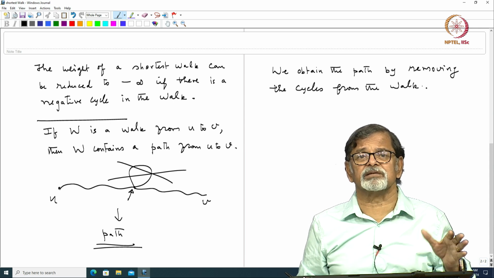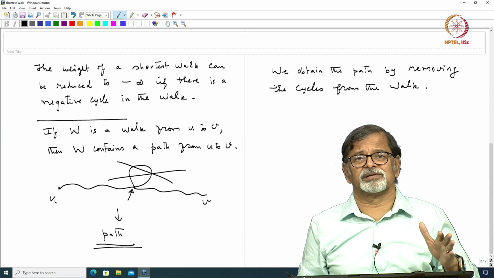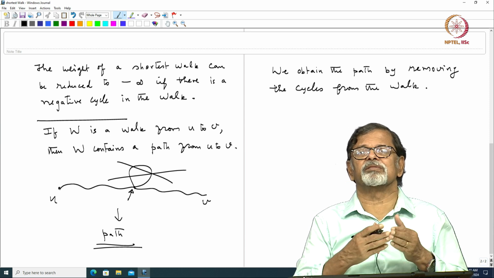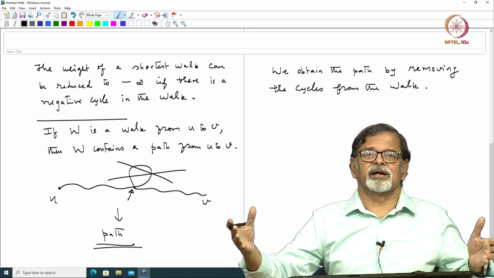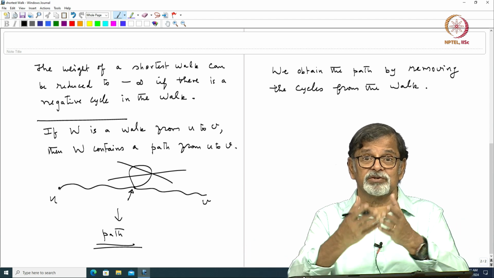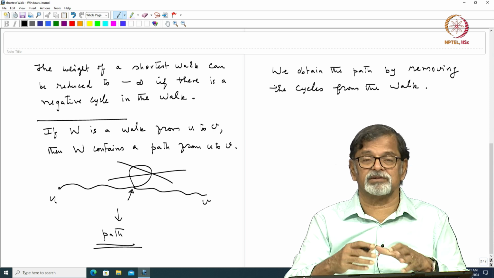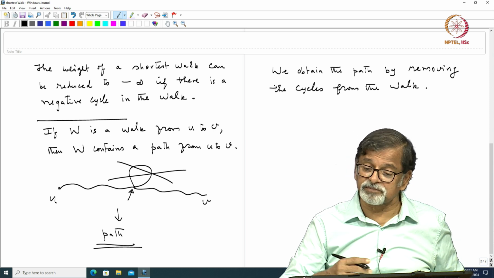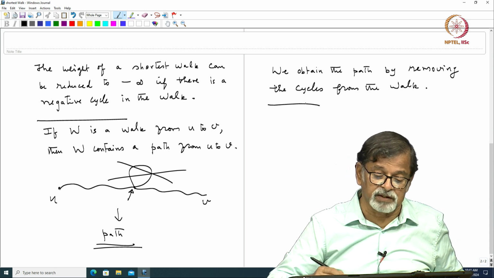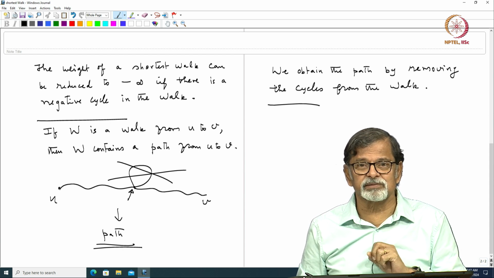Keep removing the cycles, that will keep removing the duplicates. Finally, you will have a connection from U to V with no duplicates and that is actually the path, right. So, this is the important property, we must remember this.